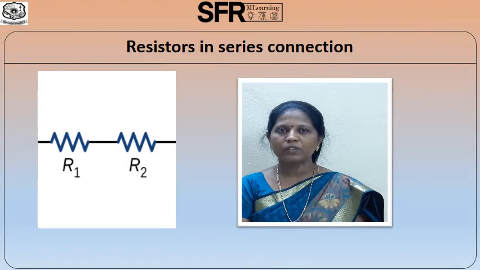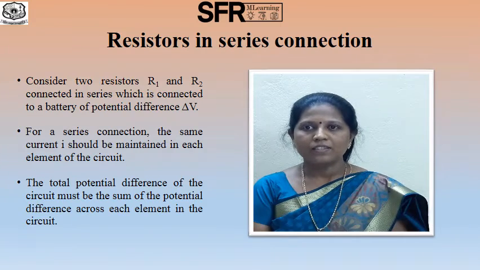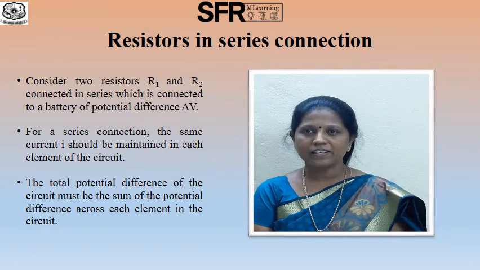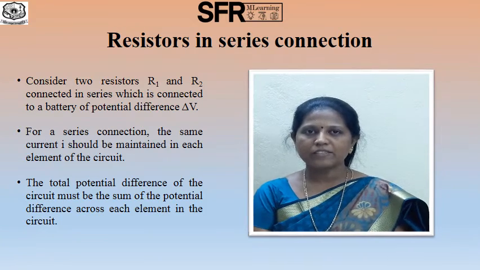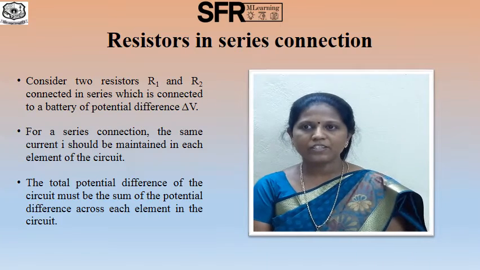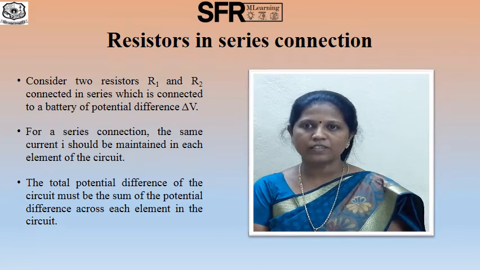Next, let us see the resistors connected in series. So consider two resistors R1 and R2 connected in series and connected to a battery of potential difference ΔV. For a series connection, the same current I is maintained in each element of the circuit.